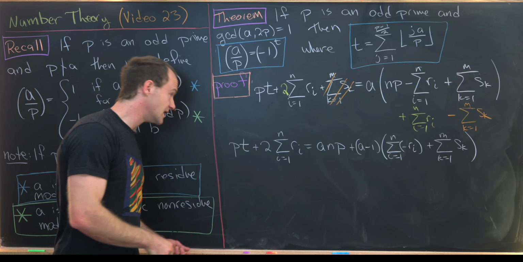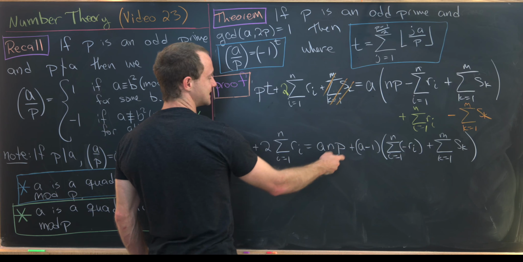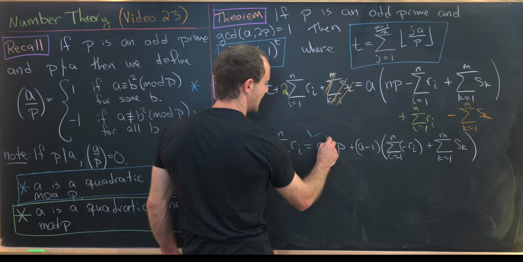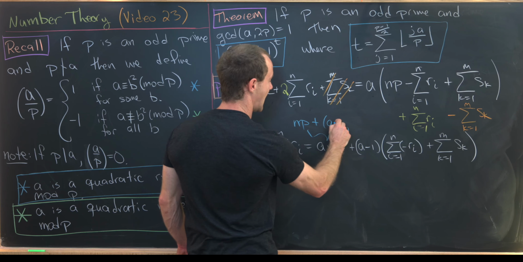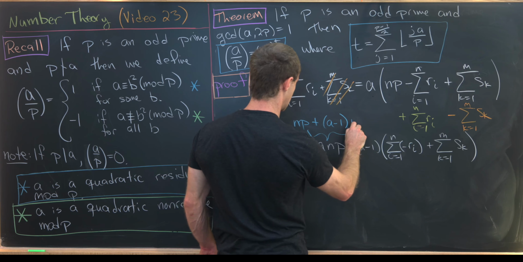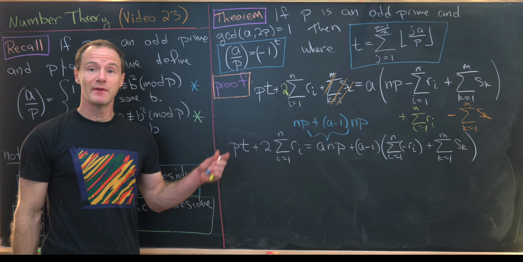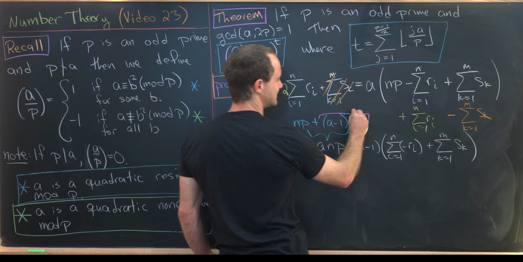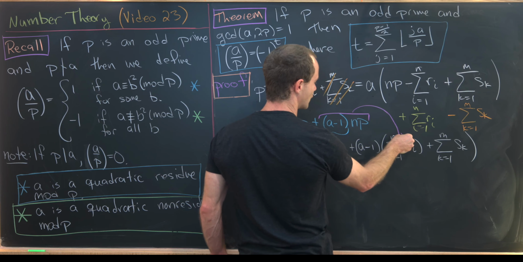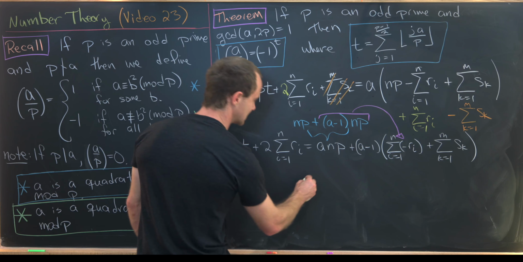And now here's another bit of a trick. We'll take this a times n times p and change it into n times p plus a minus 1 times n times p. And that may not seem super helpful, but now we can take this a minus 1 times n times p and reinsert it into this sum. So let's see what that'll leave us with.